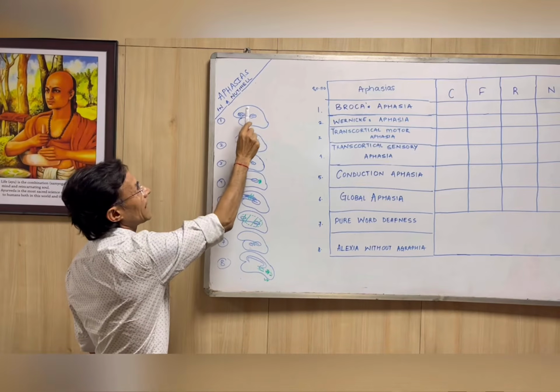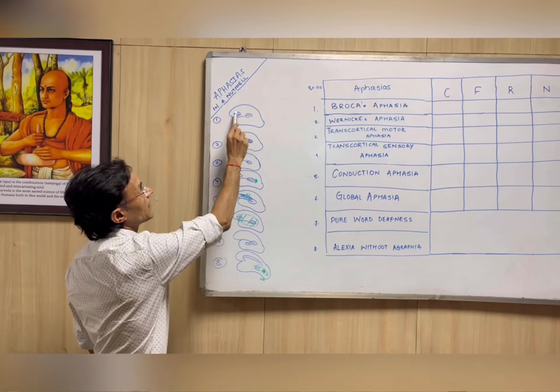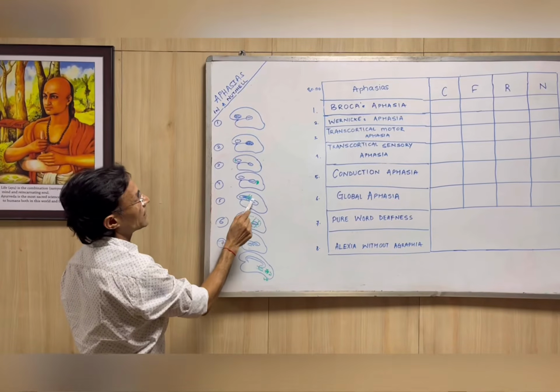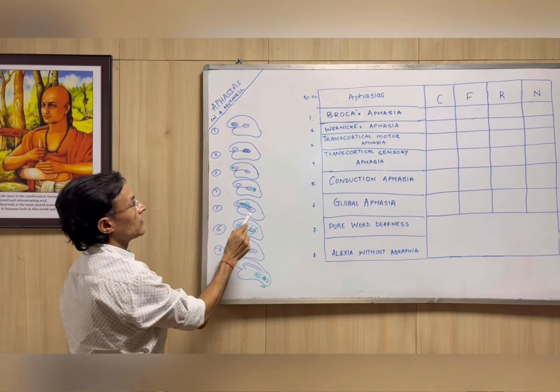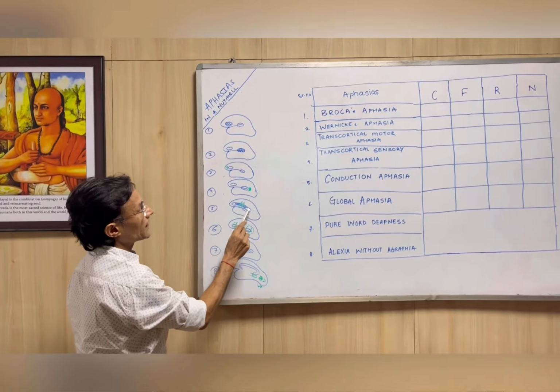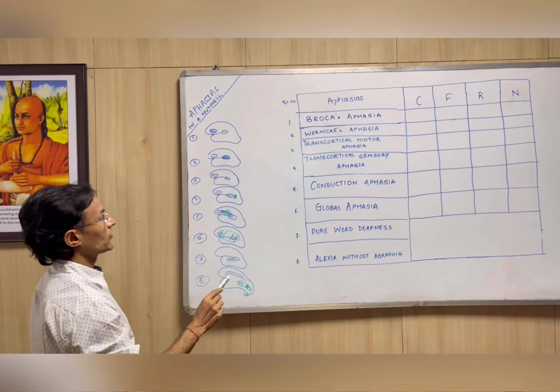The Broca's area and the Wernicke's area are associated with each other by a fasciculus known as the arcuate fasciculus. So the messages from the Broca's area are conducted to the Wernicke's area through the arcuate fasciculus.